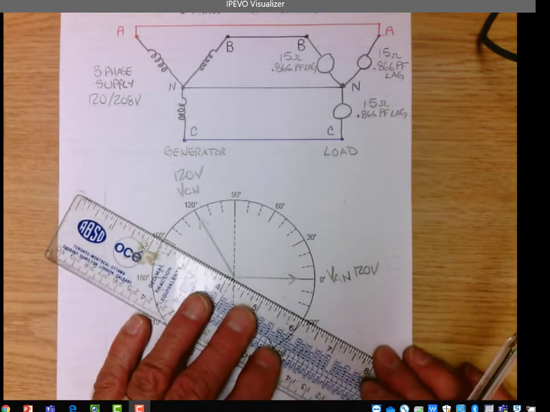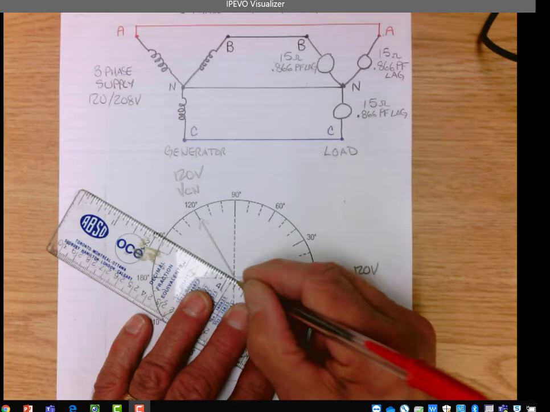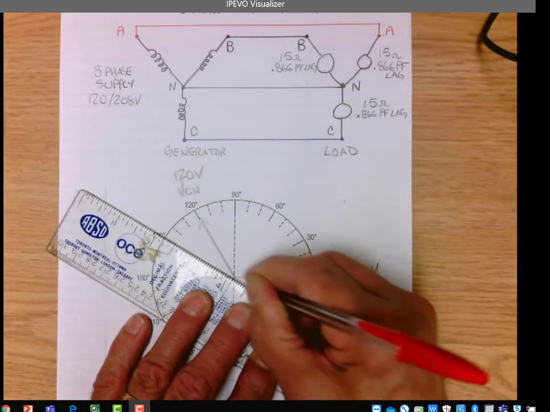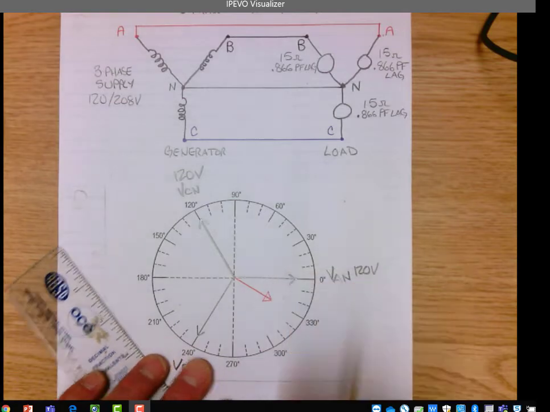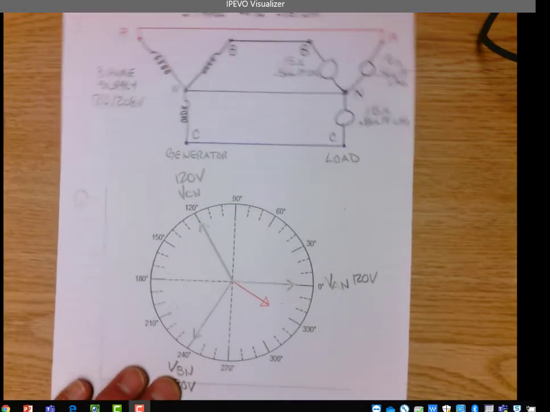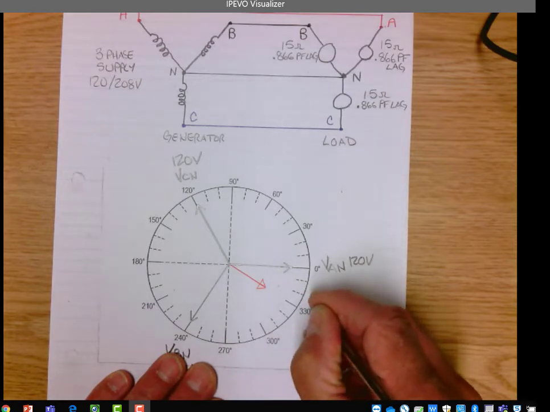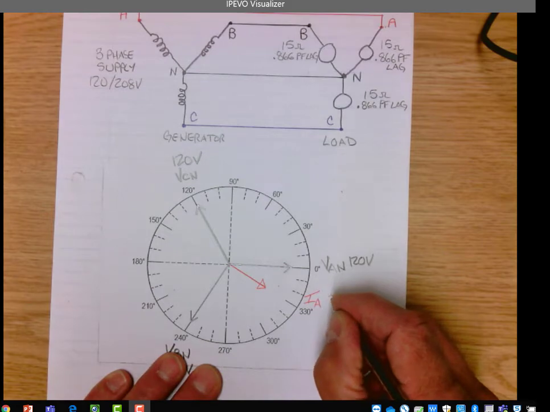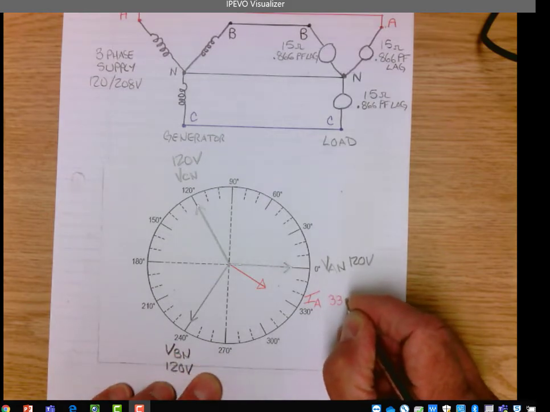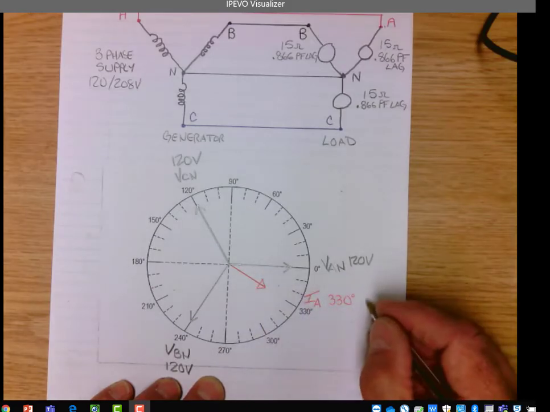So that means my current of 8 amps is going to lag my voltage by 30 degrees. So IA is at 330 degrees, lagging by 30 degrees, and it is 8 amps.